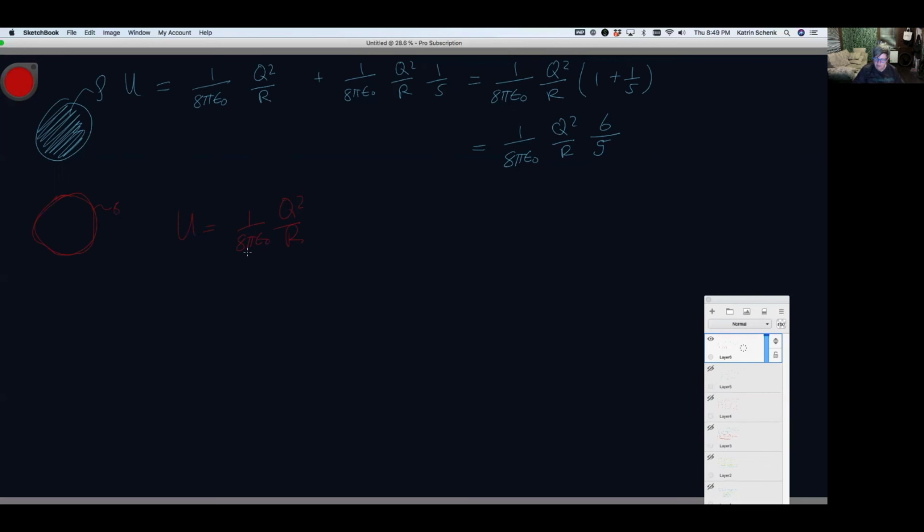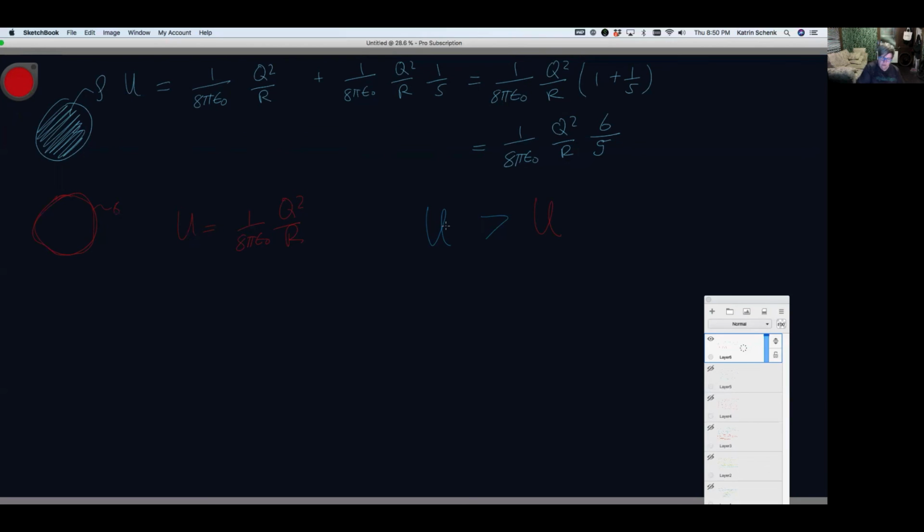So this is greater than this, and the blue U for the volume charge is greater than the U for the surface charge, okay?